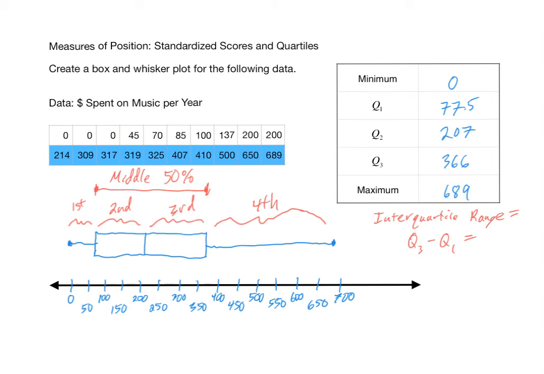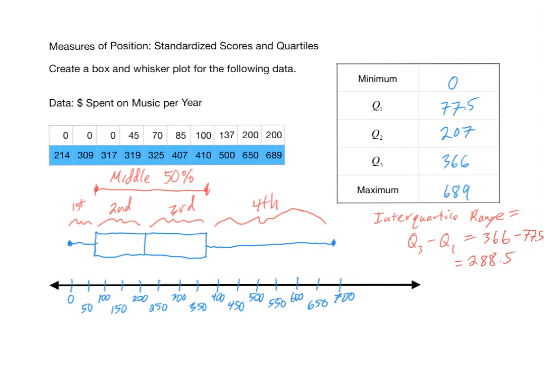And for this specific problem, the interquartile range is 366 minus 77.5, which gives you 288.5. So the interquartile range for this data is 288.5. And what that tells you is the middle 50% of the data is within a range of $288.5 of each other. Because remember, this is dollars spent on music per year.